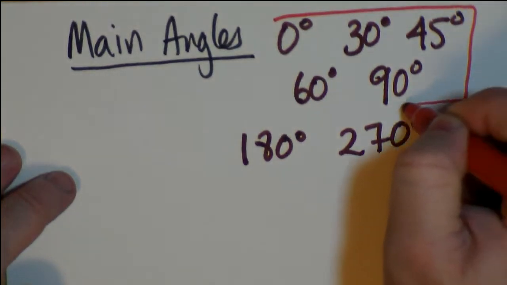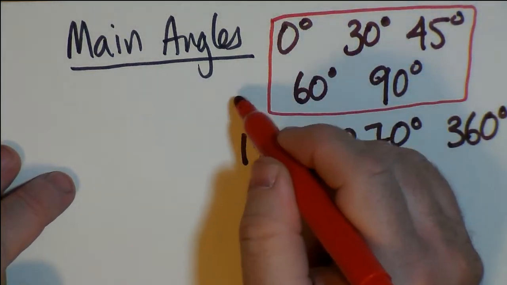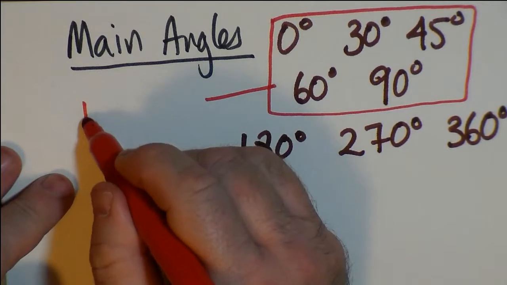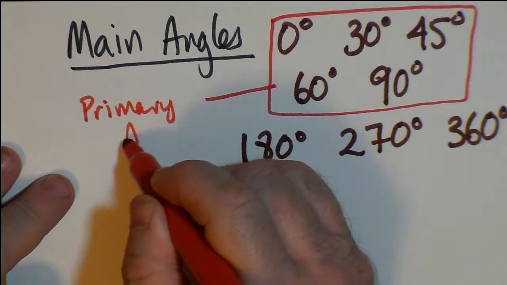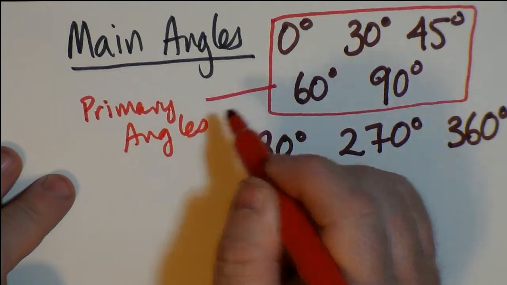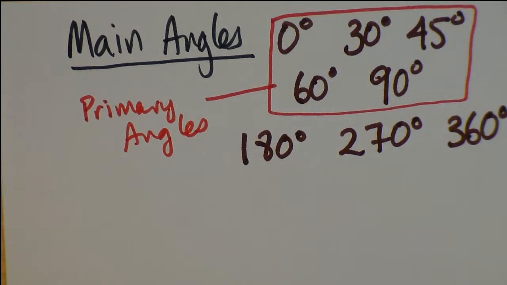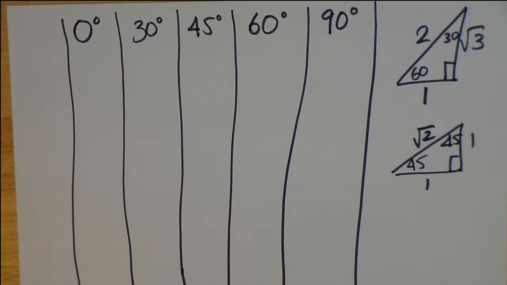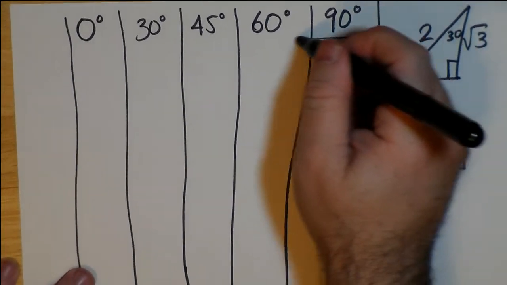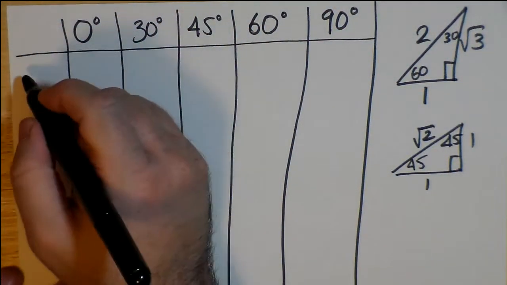But it's the first 5 that really concern us, because if we can work out our angles based on these first 5, known as the primary angles, then we can, by knowing what quadrant the angle really is in, work out whether that ratio is negative or positive, and that's all we need to work out.